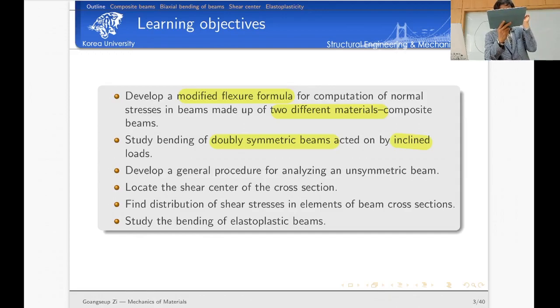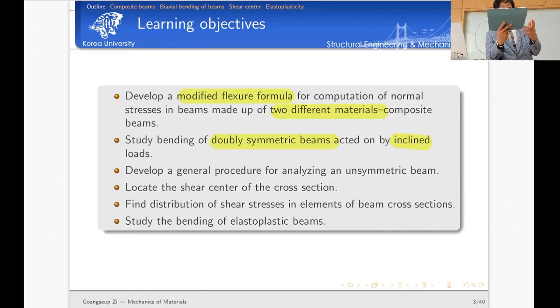But if you consider a very general case, the bending moment with respect to the y-axis and also the z-axis, then we have two different bending moments in two different directions. In that case, the direction of the neutral axis also changes. Then we have a very general consideration.